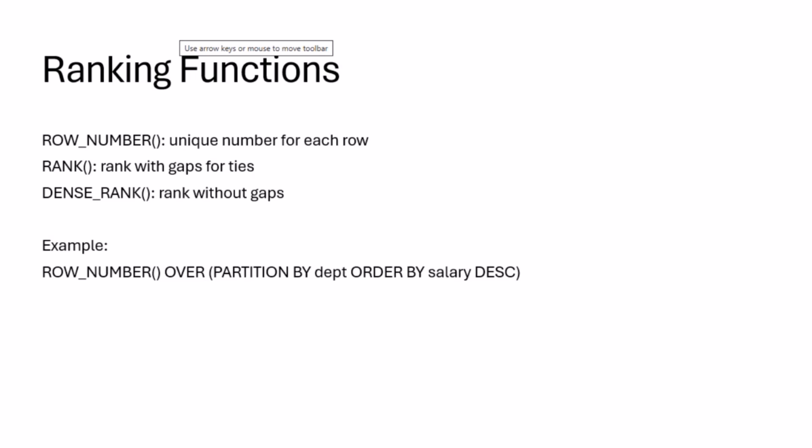But what RANK does is that it assigns the first position, those two that tie are assigned second position, but that fourth person will now be assigned fourth position. So it skips the third position. Do you get it?